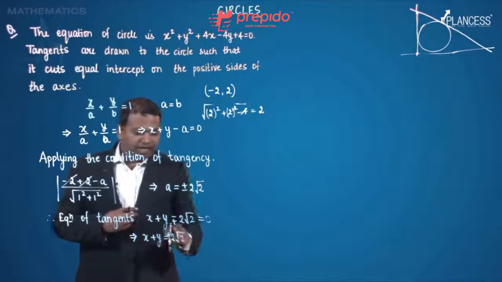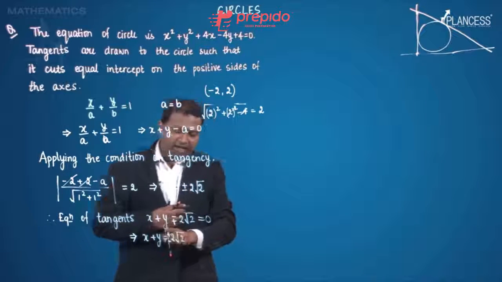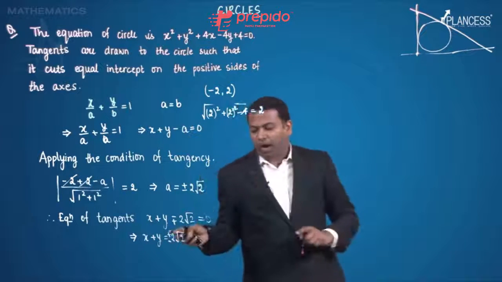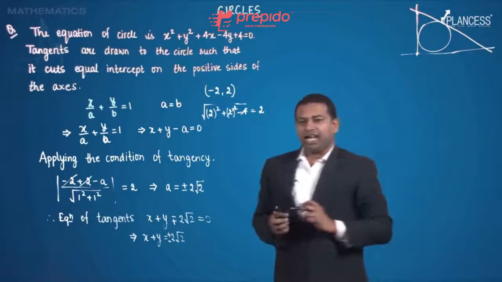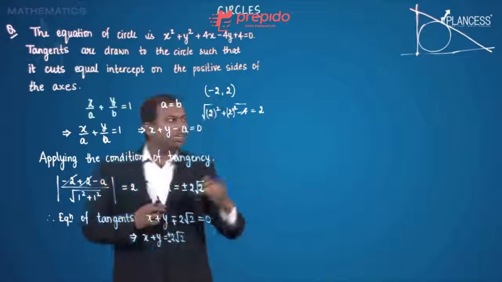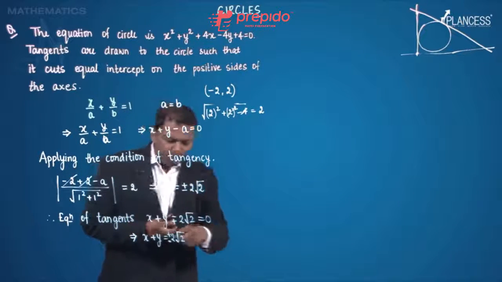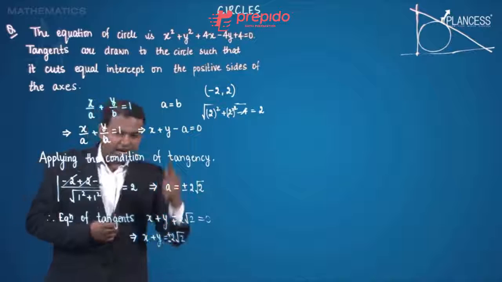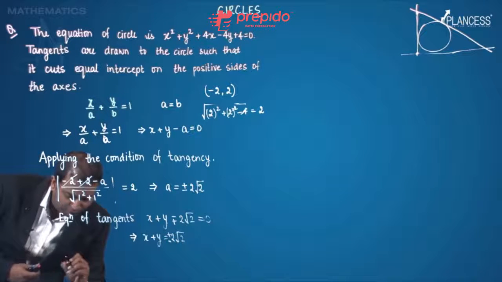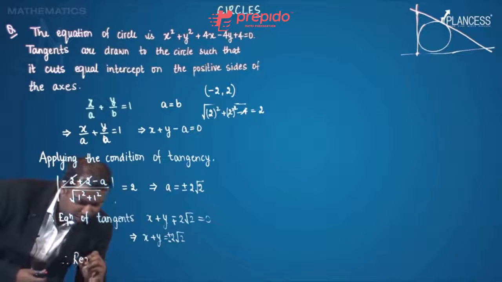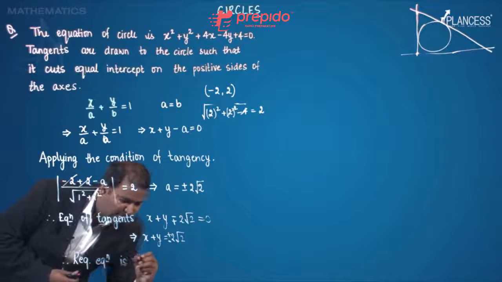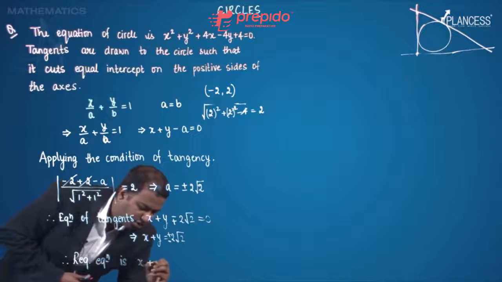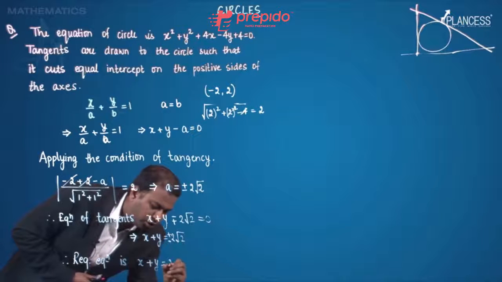So if we take this equation, here there is a plus sign and a minus sign. If we take the minus sign, it means the y-intercept is negative, which is not the case because here the tangent is cutting the x and y axis in the positive direction. So we have to ignore the negative sign, and according to the question, therefore the required equation is x plus y equal to 2 root 2.